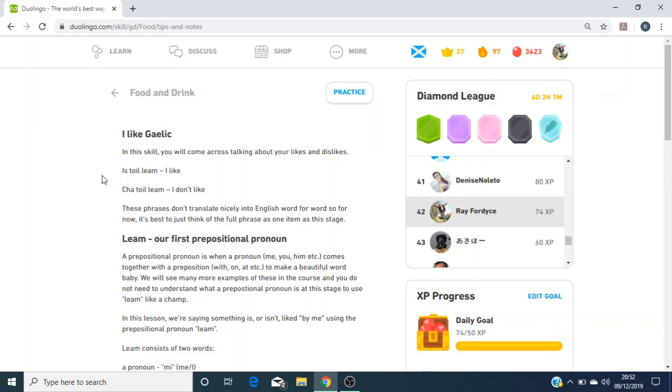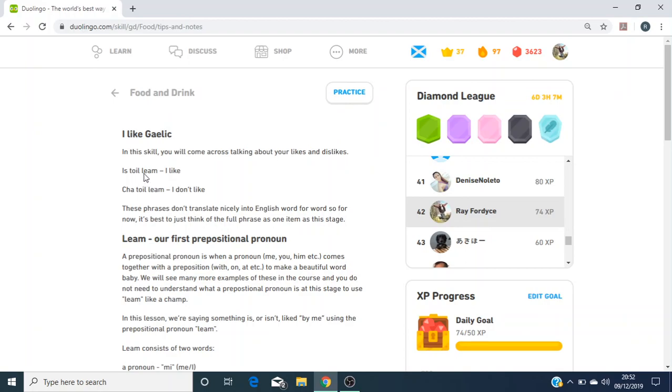So, food and drink notes. I like Gaelic. In this skill, you will come across talking about likes and dislikes. Is toigh leam and cha toigh leam. These phrases don't translate nicely into English word for word, so for now it's best just to think of the full phrase as one item at this stage. Now, off the top of my head, leam, you're going to come across something I think I've mentioned in a previous video, something called prepositional pronouns.